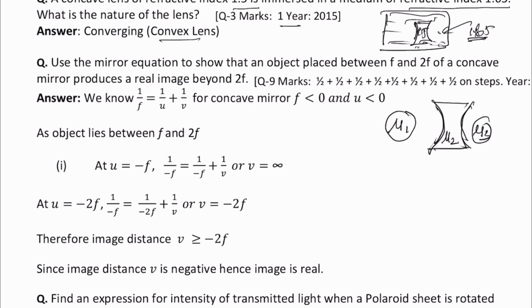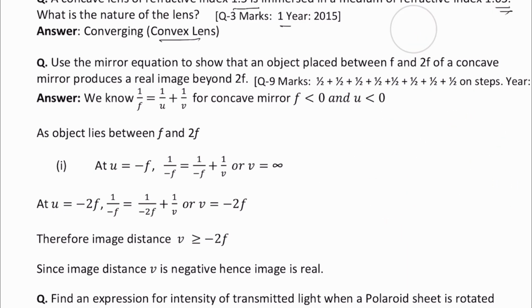When the bounding medium's refractive index is less than the surrounding medium, here mu1 and mu3 are the same, that is the refractive index of the surrounding medium, which is 1.65, and the lens refractive index is 1.5, then this behaves as a convex lens. Correct? No more explanation required here.